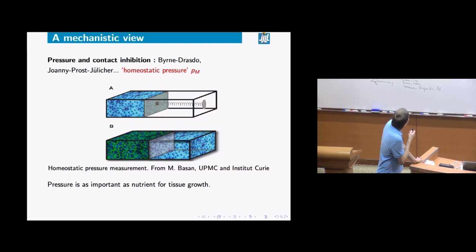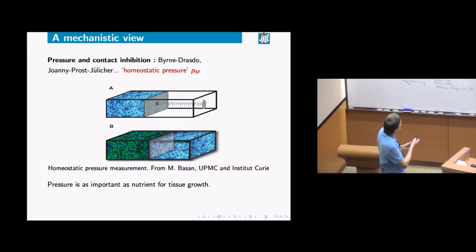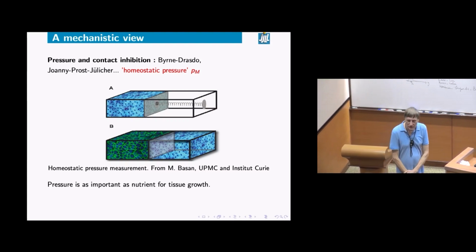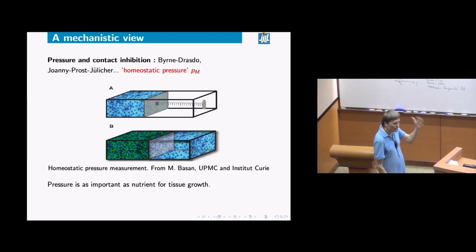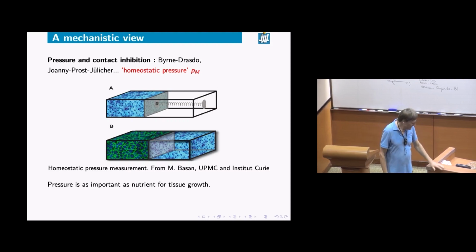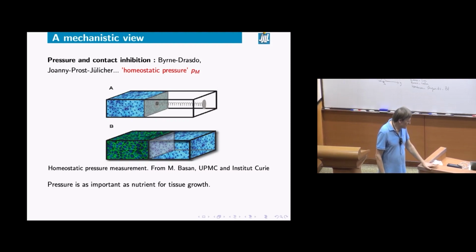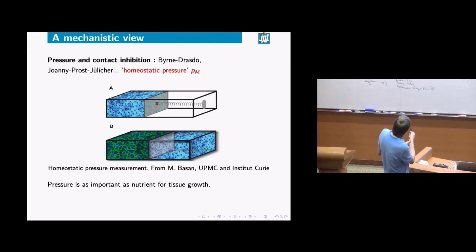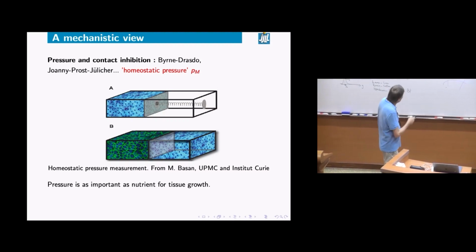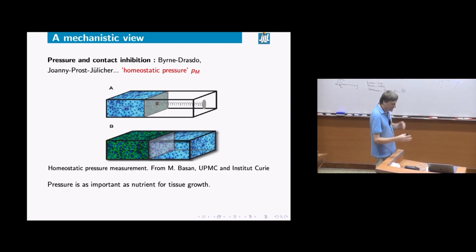And these people are very good in communication, so they invented the notion of homeostatic pressure. So these names come from this group of people, which of course have to do with... no, I forget the pressure between different fluids.